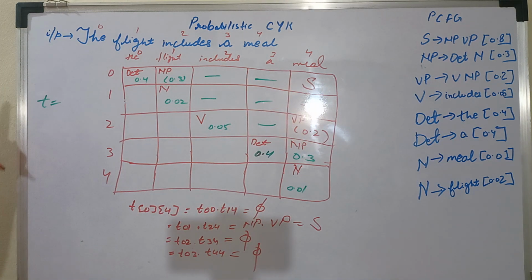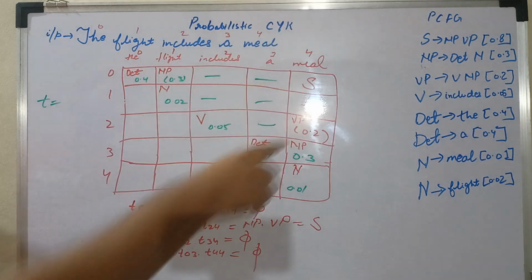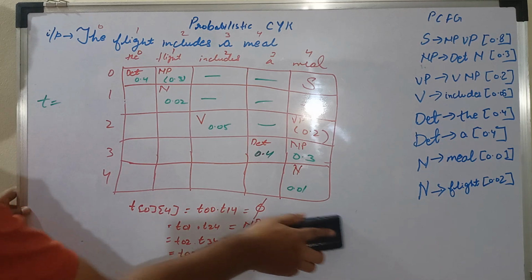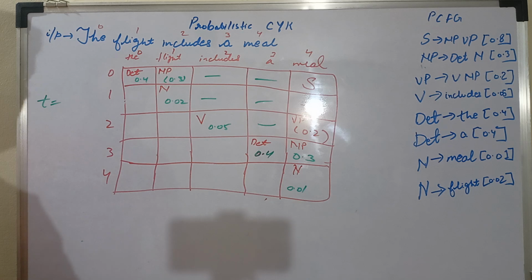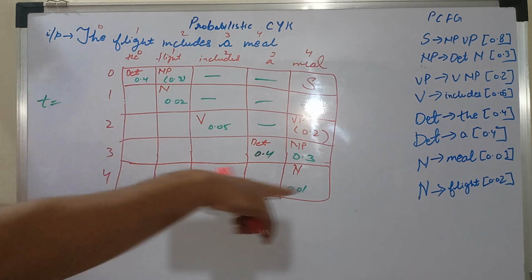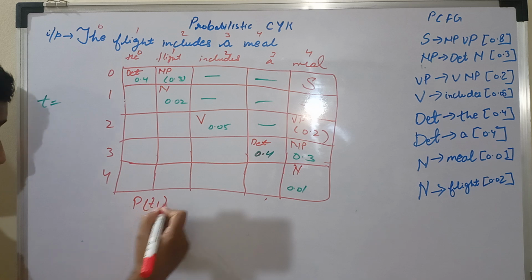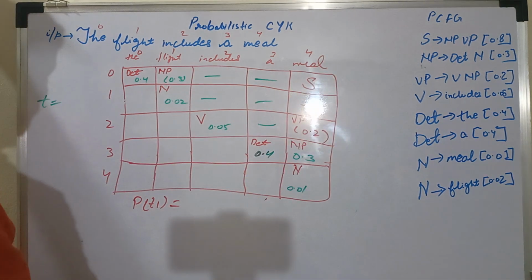If we get S here, that means the sentence we were able to parse is syntactically correct as per the probabilistic CYK and the given PCFG. So at the end, if somebody asks what is the total probability of the sentence, how do we calculate this? Let's suppose the tree we have generated is called T1. The probability of T1 would be: this has probability 0.8, so we write that.